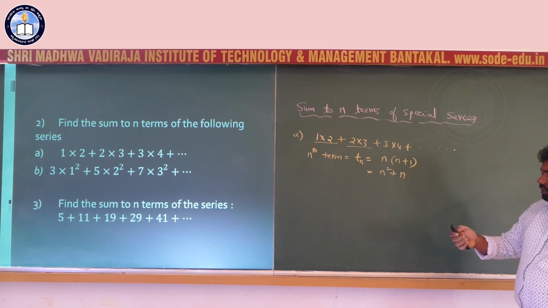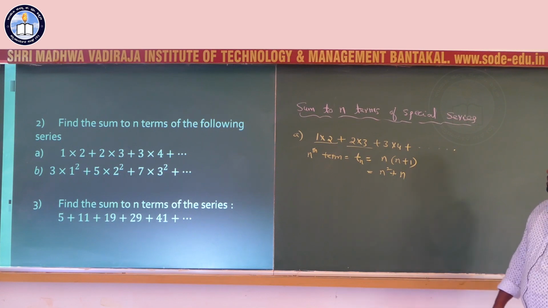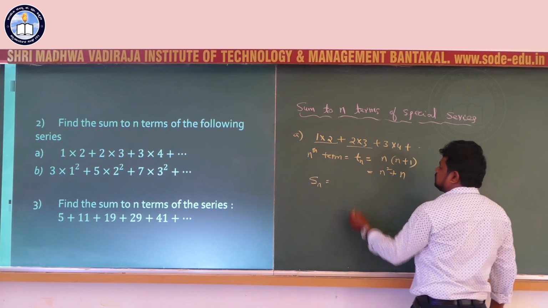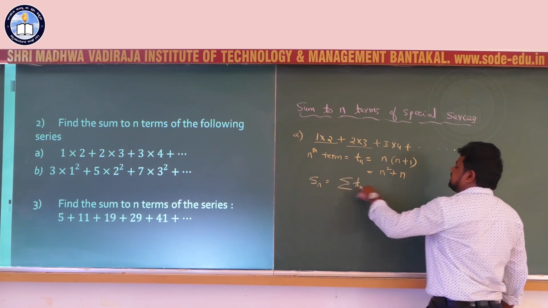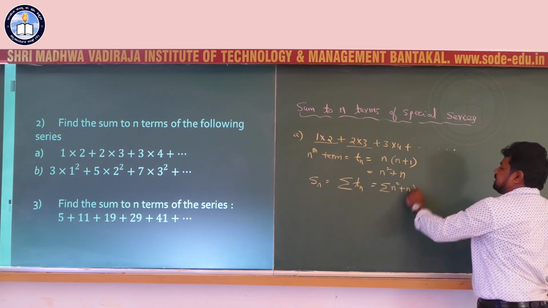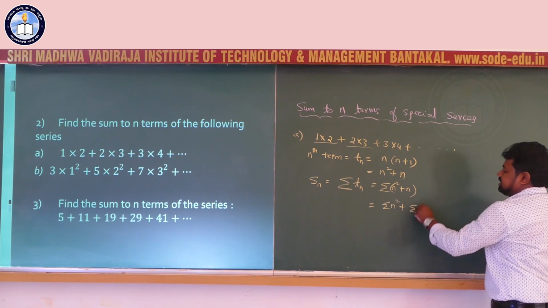Here we want the sum to n terms of the series, Sn. That is equal to summation Tn, that is equal to summation n square plus n. That can be written as summation n square plus summation n.